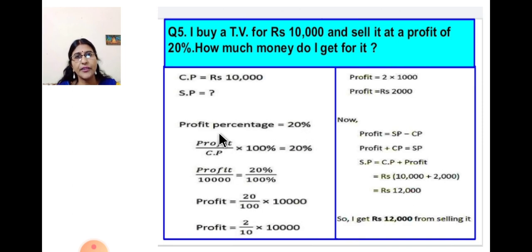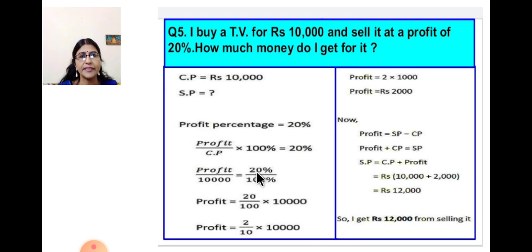You know profit percentage is profit upon CP into 100%, and that is equal to profit percent, and profit percent is given 20%. So we'll here write 20%, and then profit we have to find out first. Profit will write upon, in place of CP we know the value 10,000 will write, that is equal to, now 20 is here, if you take it to this side, here it is multiplication, when you take it to this side it will become division.